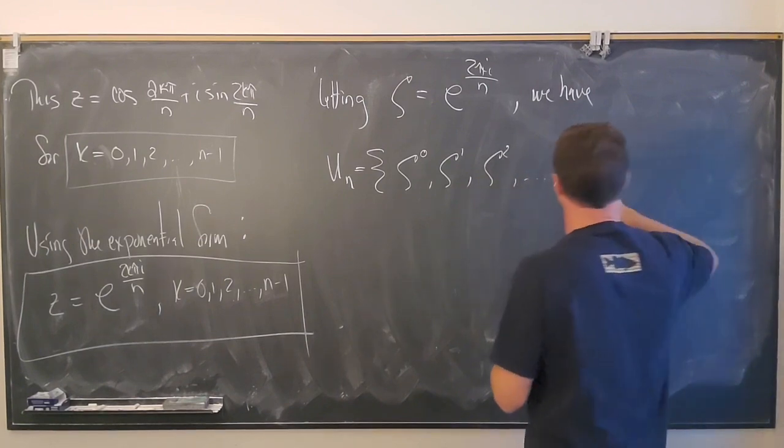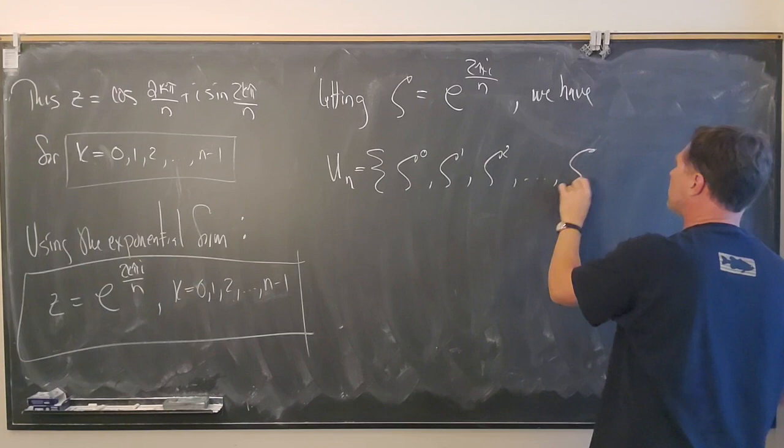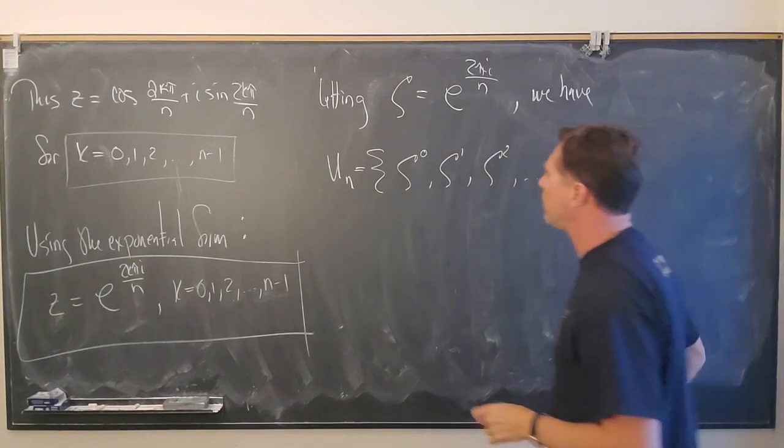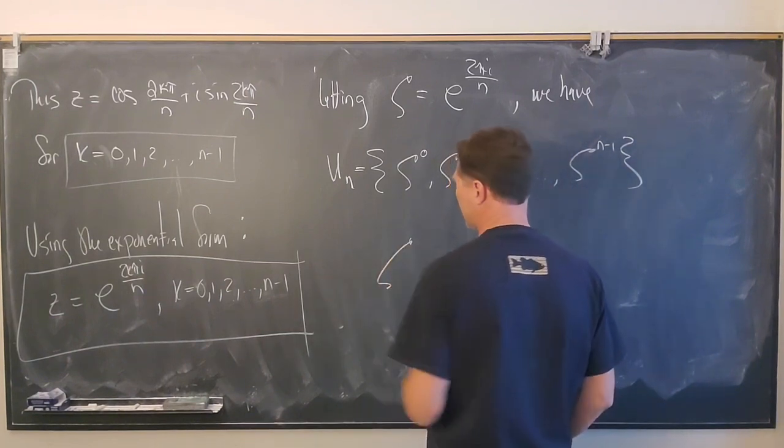Oops, that's a funny looking zeta. I used to practice my Greek letters quite a bit so that I can make them look nice. So if you need to practice your zeta, look something like that.